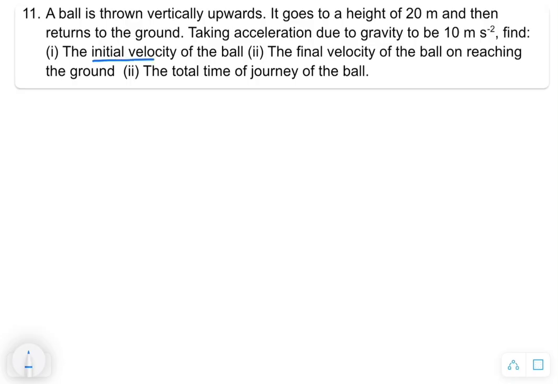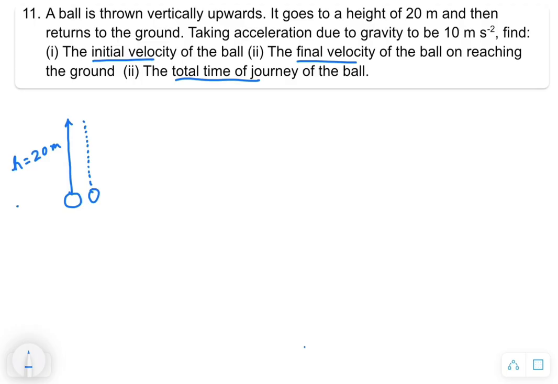We need to find the initial velocity, final velocity of the ball on reaching the ground, and the total time of journey of the ball. So here is a ball. It was thrown vertically upwards. It reached a height of 20 meters and then it returned to the ground.